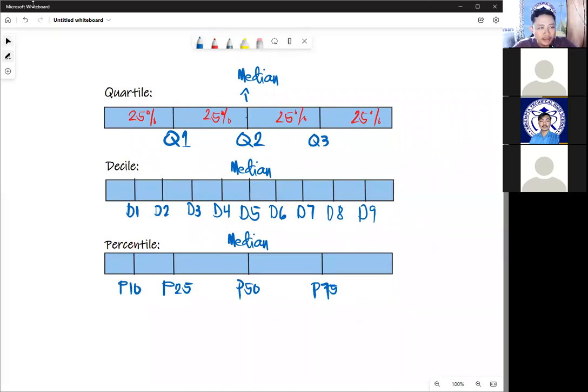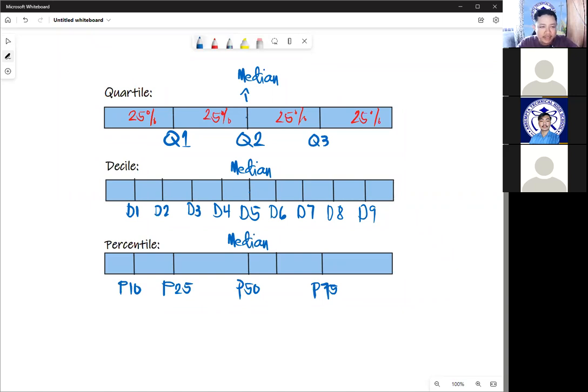What about if we will have this, the sixth decile is equivalent to what percentile?